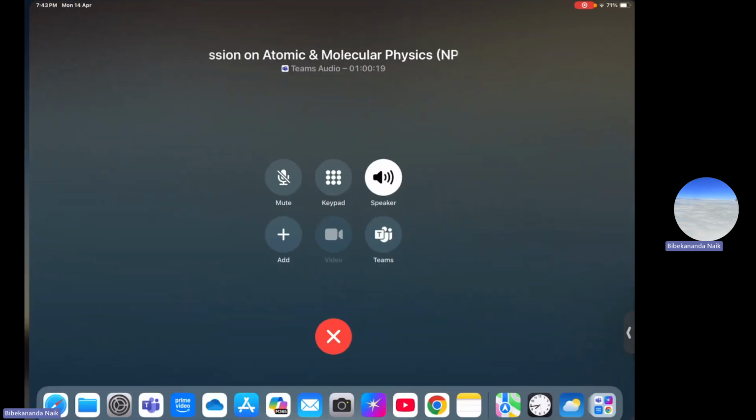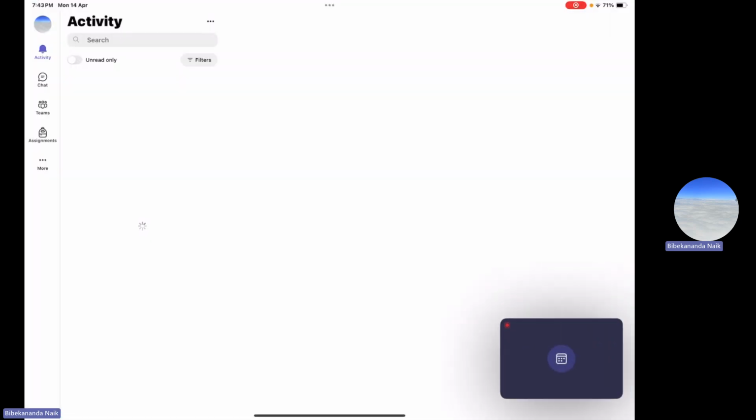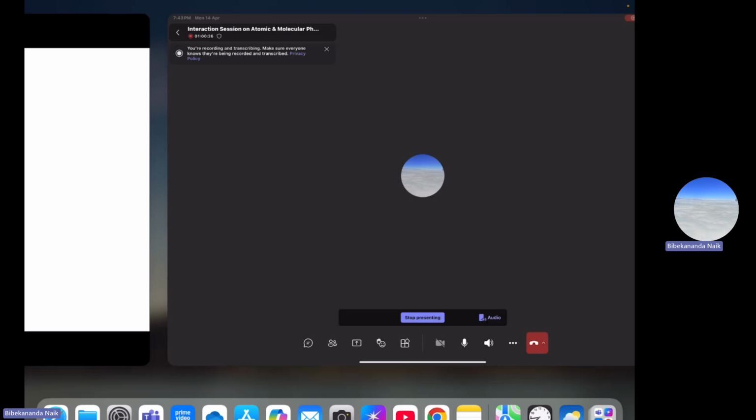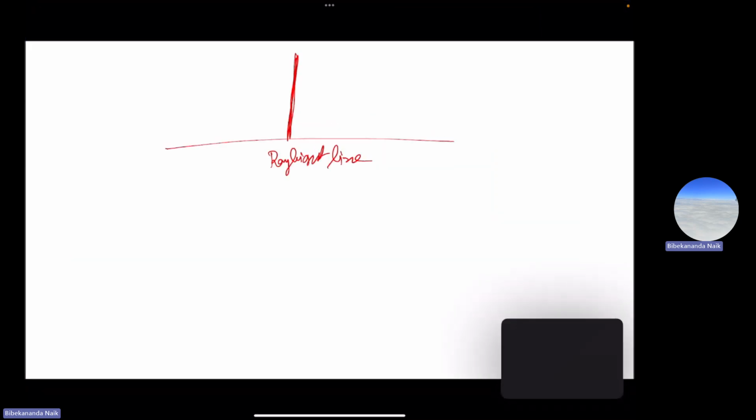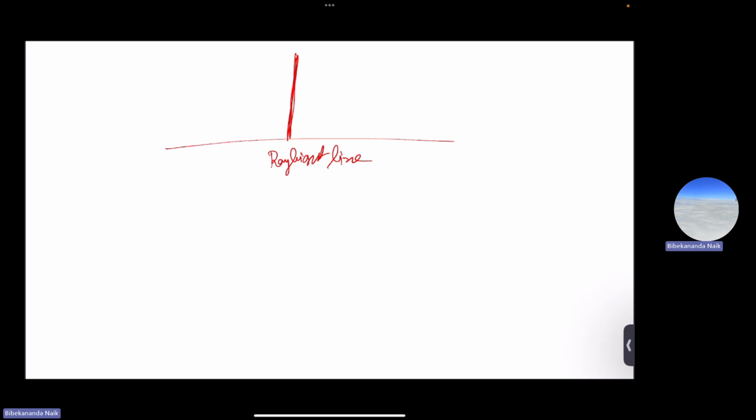If you remember the Raman spectra we discussed at the beginning of the session, at the central part this is the Rayleigh line, this is the Stokes line, and this is the anti-Stokes line.